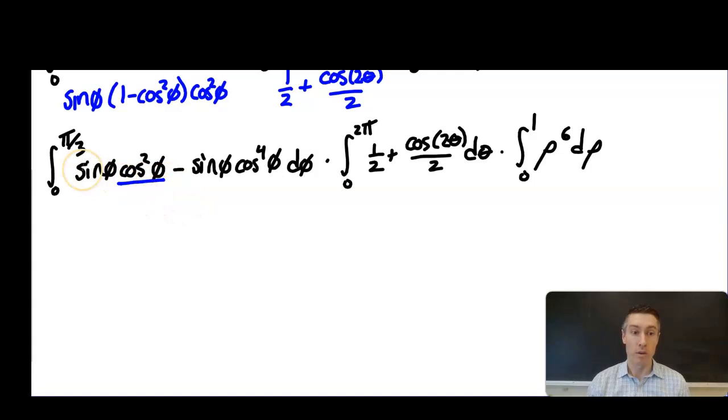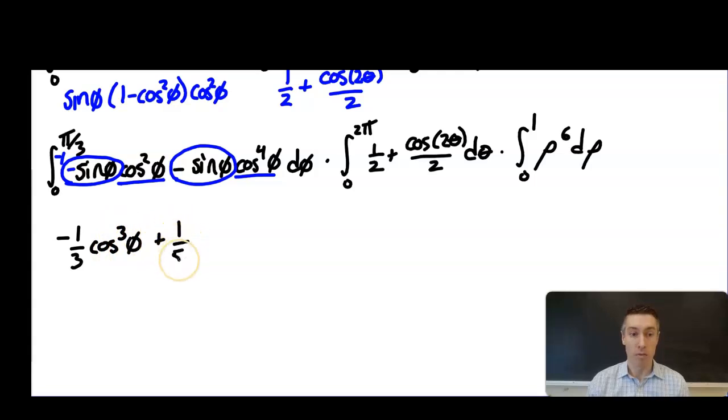cos phi would be our u, so negative sine phi would be du, so I also need negative 1 there. Cos phi, negative sine u, so we're going to get negative 1/3 cosine cubed phi plus 1/5 cosine to the 5th phi, evaluated from 0 to pi over 3.